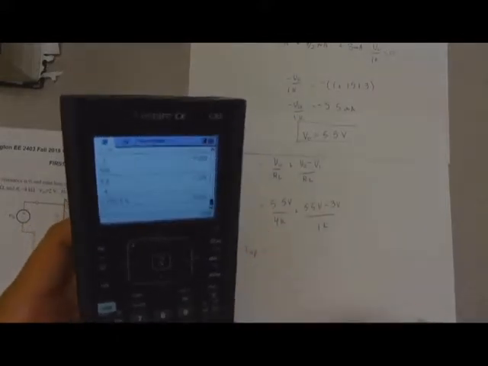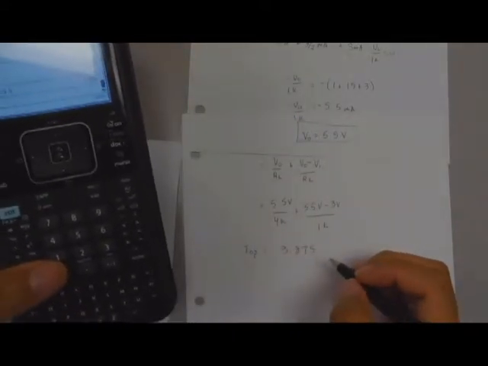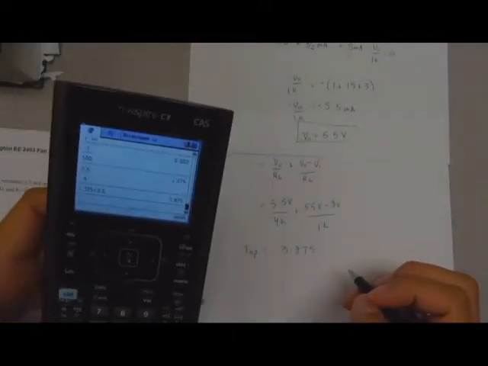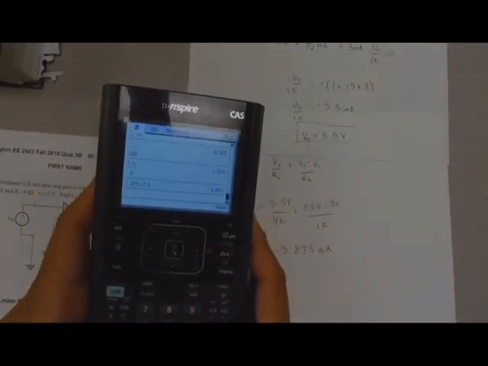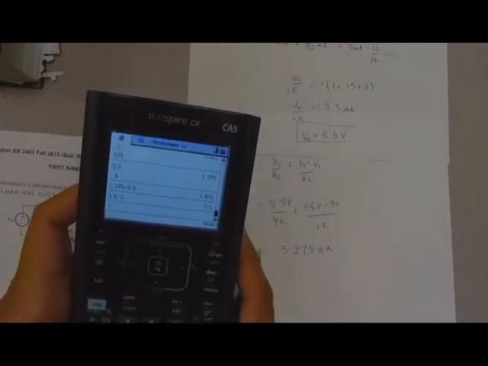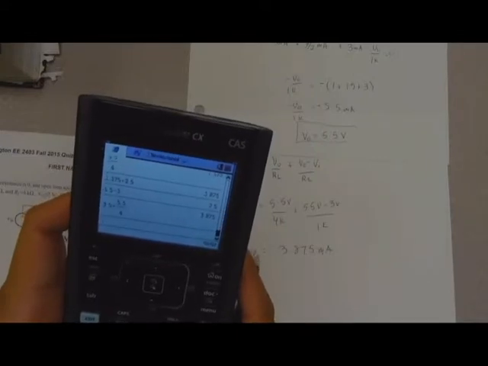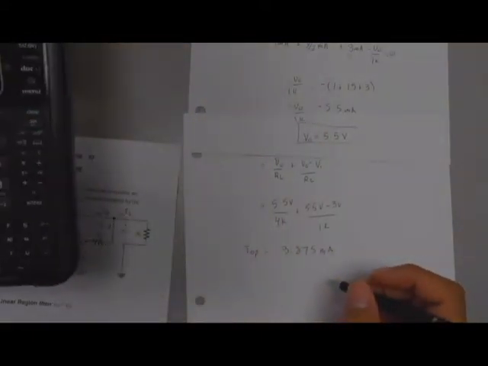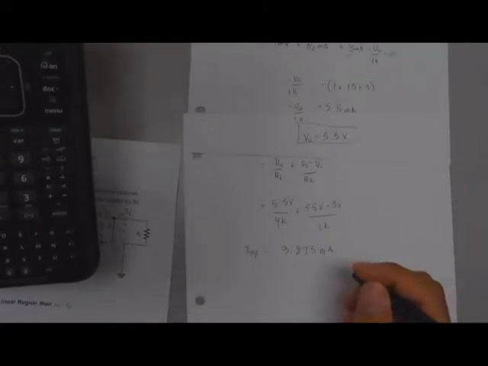So it should be 3.875. Now, did I do that wrong? Milliamps? Let's see. 5.5 divided by 4 plus 2.5. Yes, 3.875 milliamps.